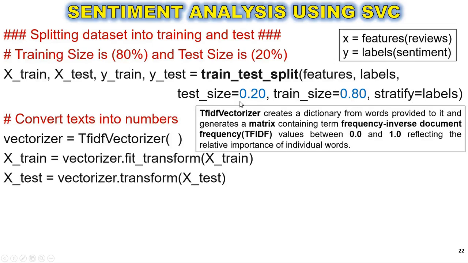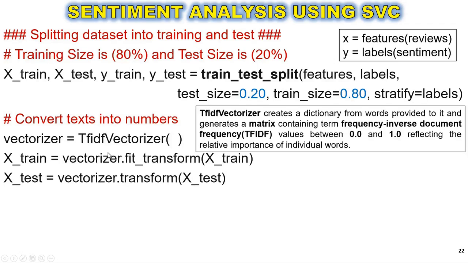The variable features contains the product reviews, which is the independent variable X, while the variable labels contains the sentiments such as negative, neutral, and positive, which is the dependent variable Y. We pass both variables, features and labels, as arguments to the method called train_test_split.